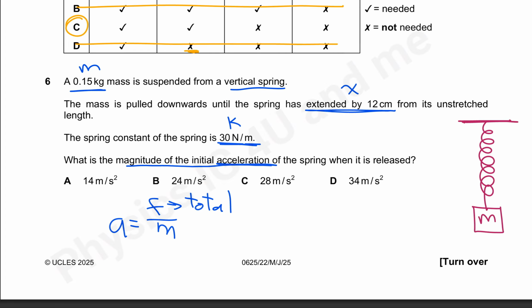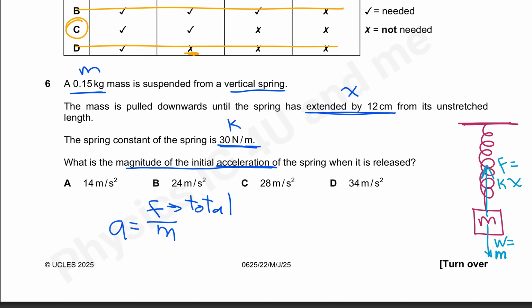Pay attention. What are the forces affecting the mass here? I have two forces. The pull of the spring, F, which equals Kx, right? And there is also the weight, which equals mass times gravity, right?